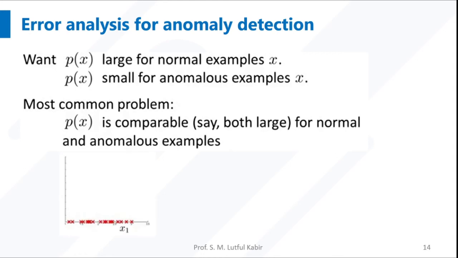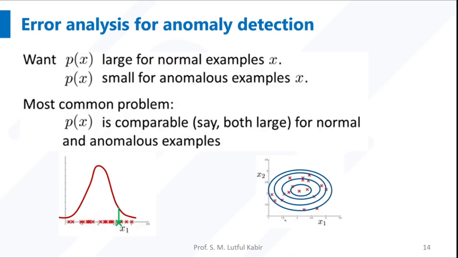For example, these are the data of x1, and you can see the distribution is almost bowl shaped. If you take an unknown point, say this green point, the value of probability is quite high, so you cannot decide that this new x is an anomalous example. But if you add another feature, for example x2, the distribution of the given points will be like this, and your new point may be outside the boundary over there.